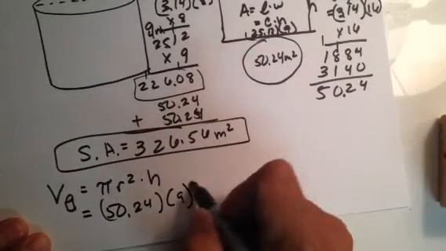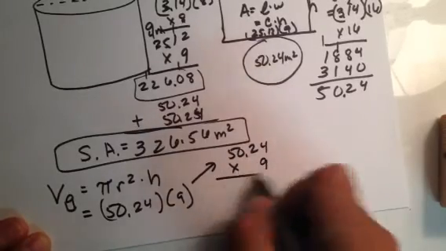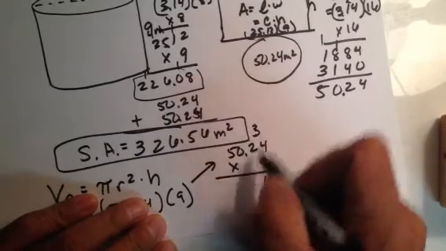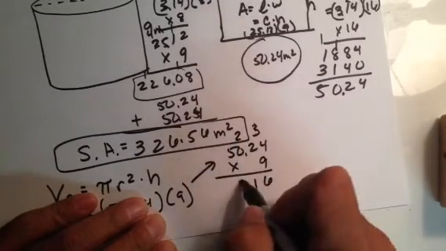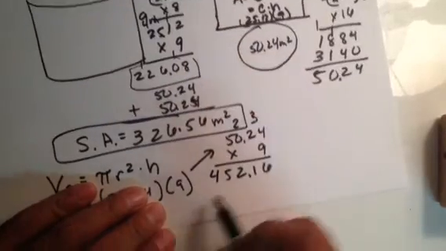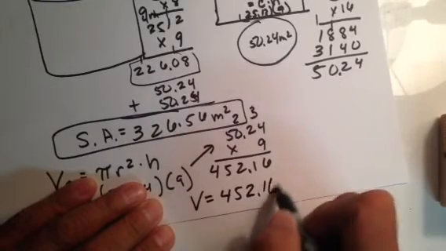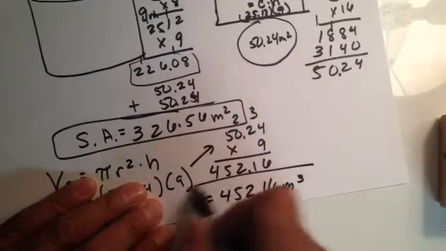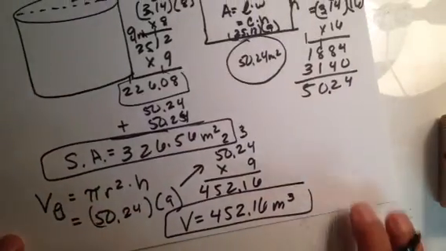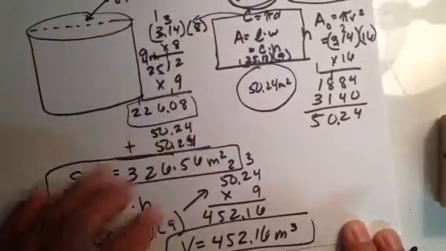So if I do that over here, 50.24 times 9, that's going to give you 36, carry the 3, 18, 19, 20, 21, carry the 2, that's going to be 2, 9 times 5 is 45, 1, 2. So my answer for the volume is equal to 452.16 meters cubed.